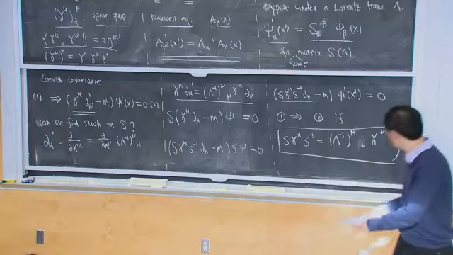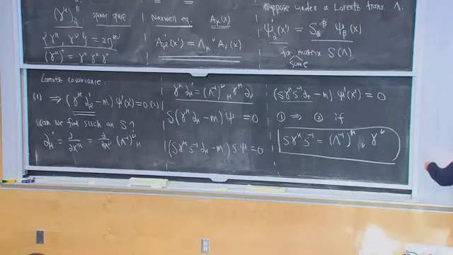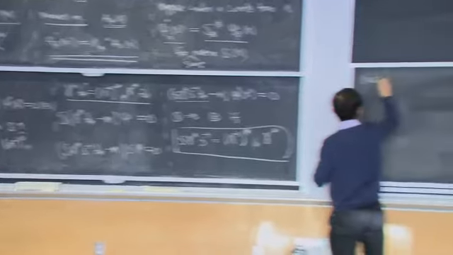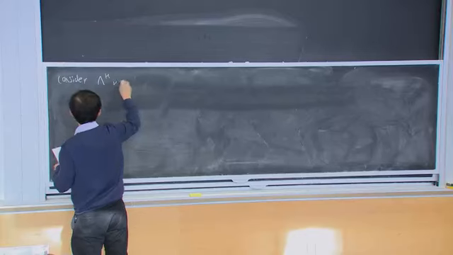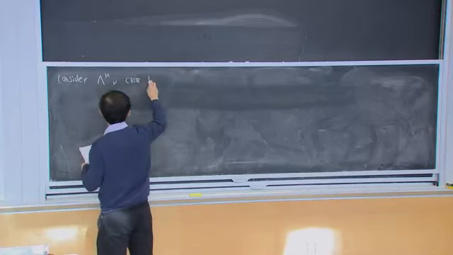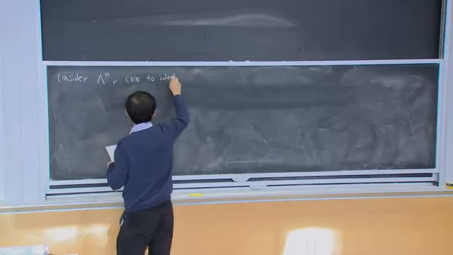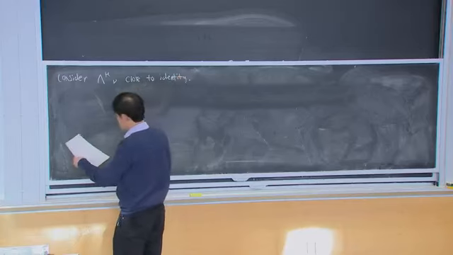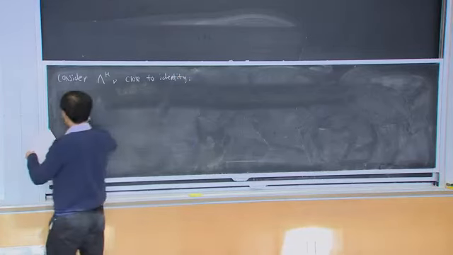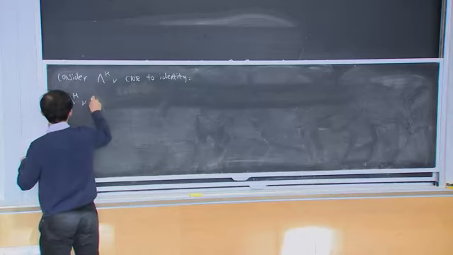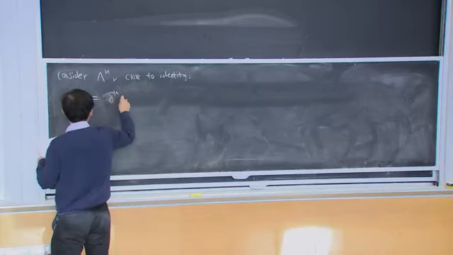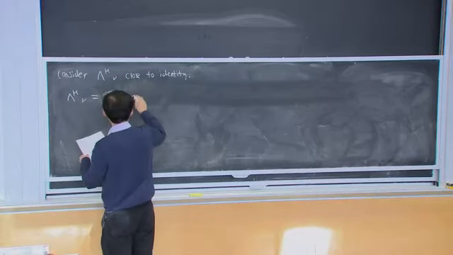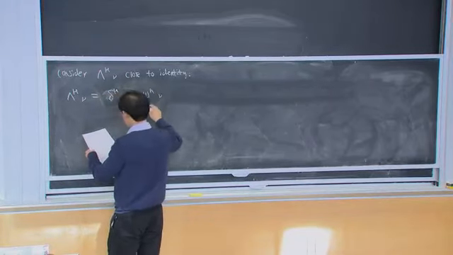So now again, we consider lambda nu close to identity. That means we write lambda mu nu as delta mu nu, which is the identity, plus omega mu nu, and take the omega to be small.